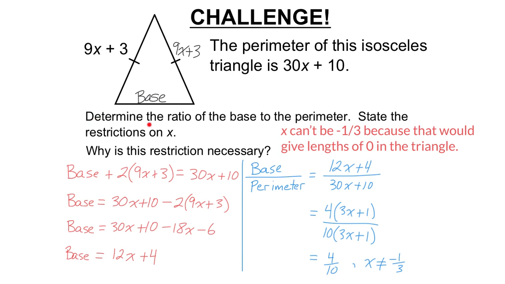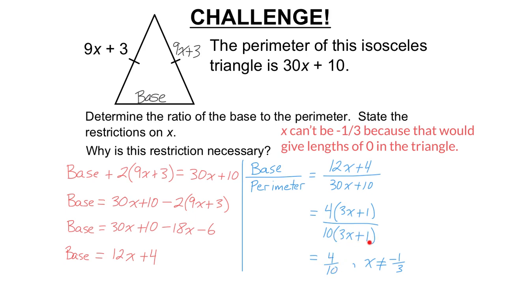So when it says determine the ratio of the base to the perimeter, I'm finding a fraction. A ratio can be written as a fraction. So base to perimeter is 12x plus 4 to the perimeter, which was 30x plus 10. Now I'm going to simplify this by factoring and then canceling out the factors. So the ratio is 4 to 10.